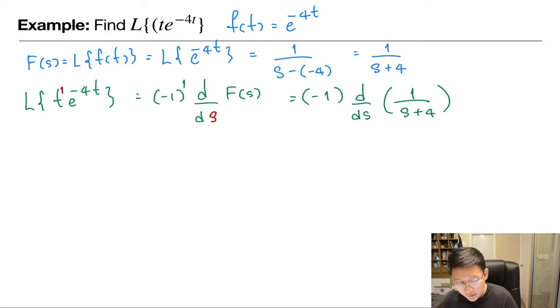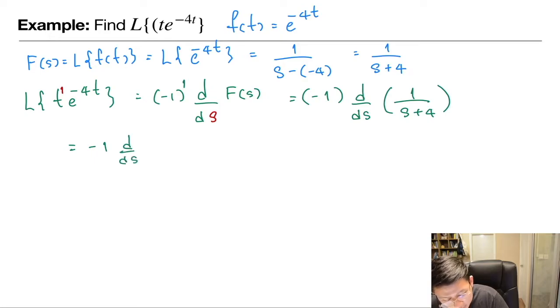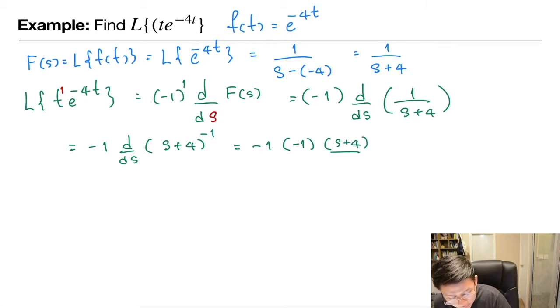That would be minus 1 d by ds of s plus 4 to the power of minus 1, and that is minus 1 times minus 1 times s plus 4 to the power of minus 2. The chain rule factor is also 1, so there's nothing to change there. So it's 1 over s plus 4 squared.